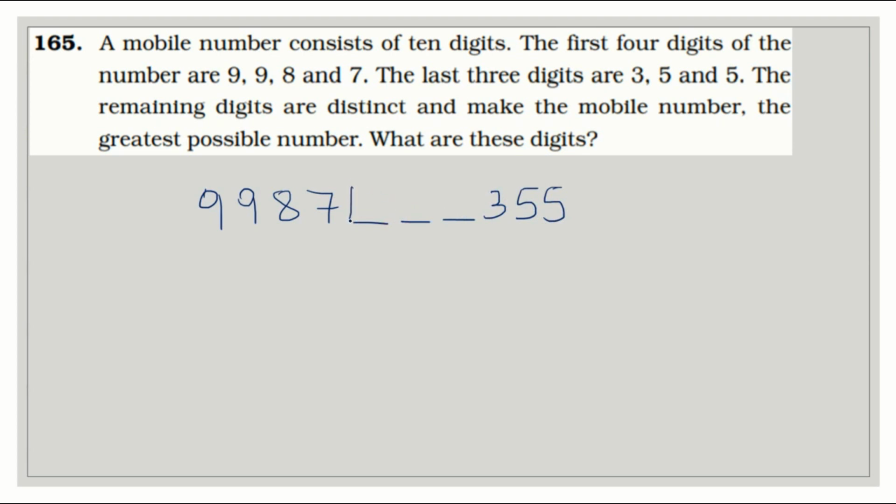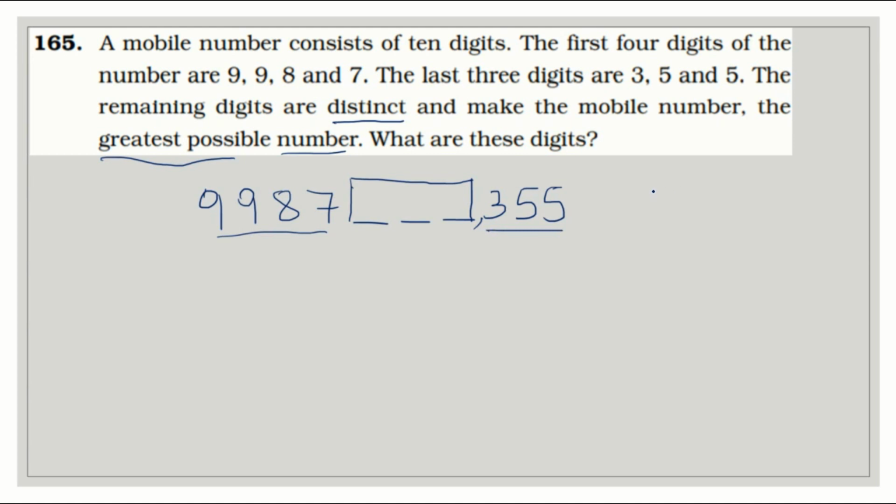In these 3 digits, we need to see that the digits must be distinct and form the greatest possible number coming out of those digits. Now these 4 digits and these 3 digits are fixed.